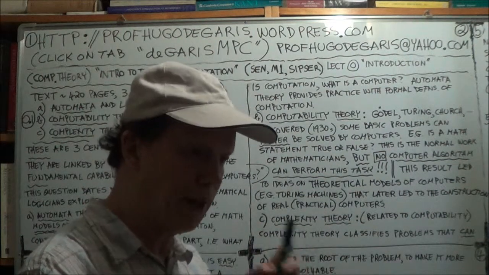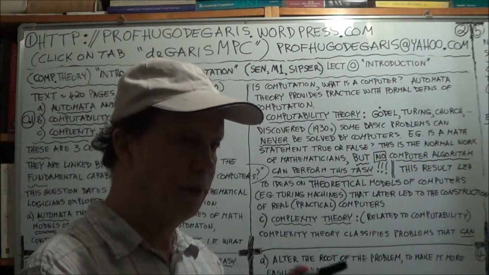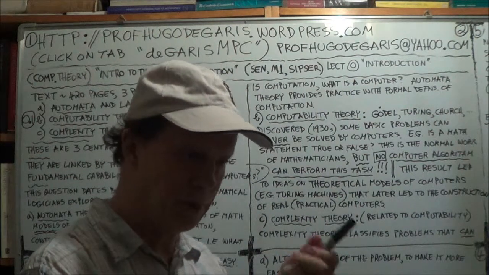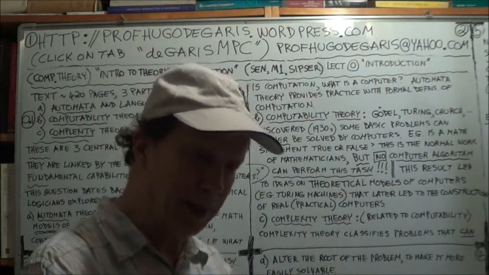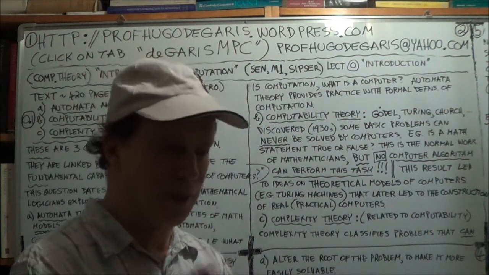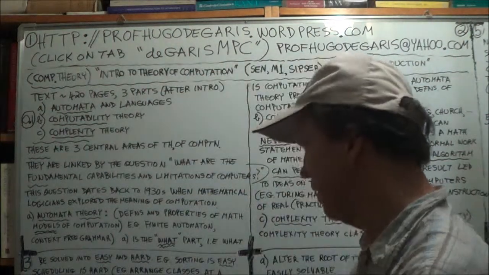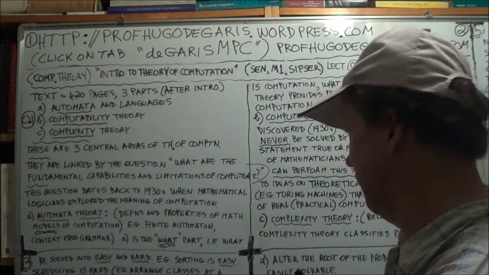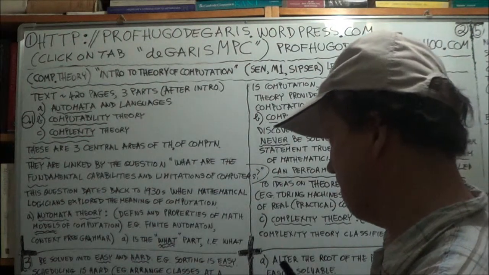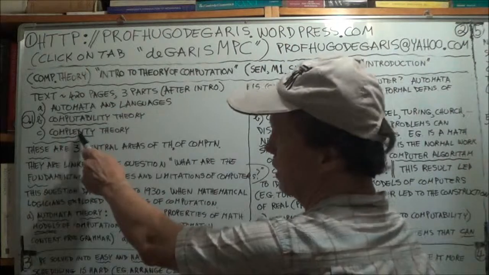Some problems are harder to solve than others, some are very hard, some are less hard, and some are almost impossibly hard. We'll talk about complexity theory much later in the course.